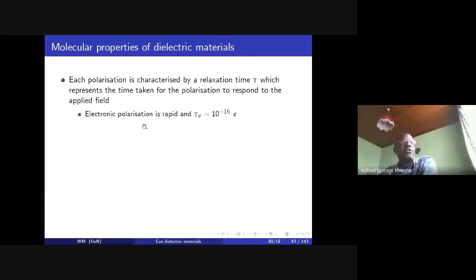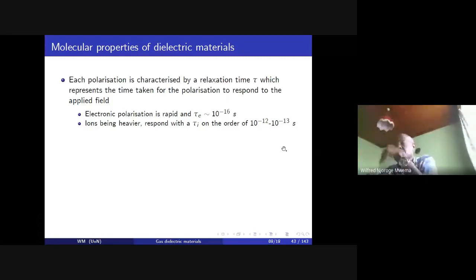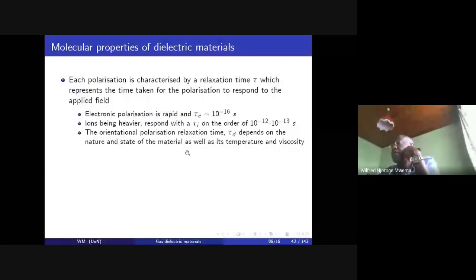So electronic polarization is rapid, usually about 0.1 femtosecond. Ions are heavier and therefore respond with a characteristic relaxation time tau_i on the order of a picosecond to 0.1 of a picosecond. The orientation polarization relaxation time will depend on the nature and state of the material, as well as temperature and viscosity.